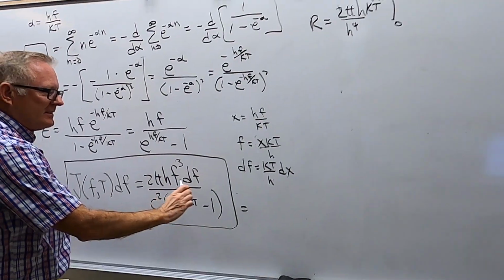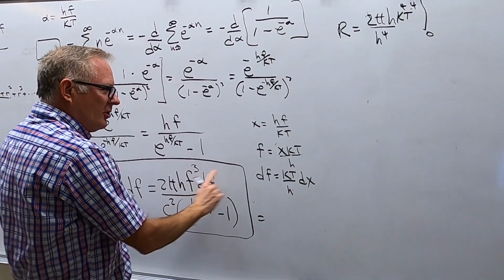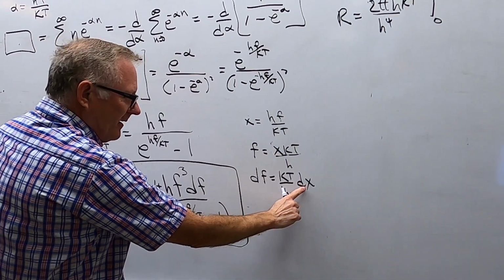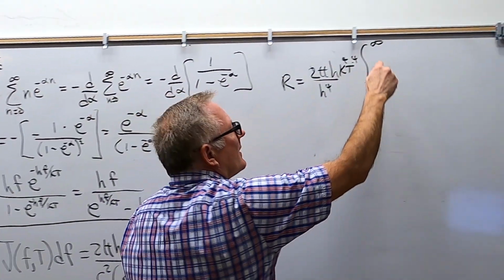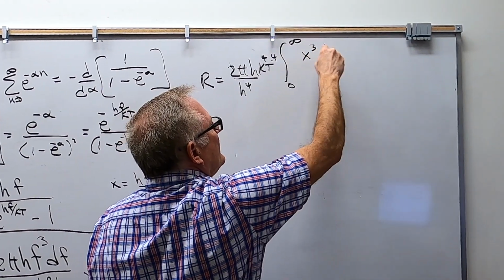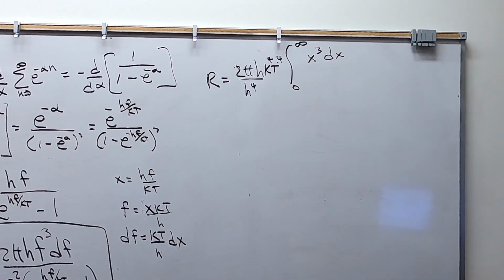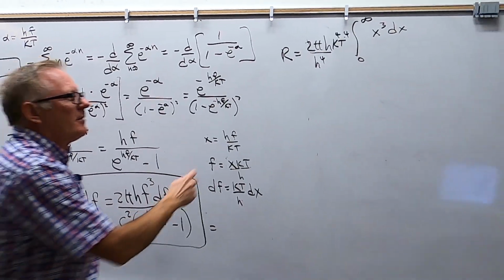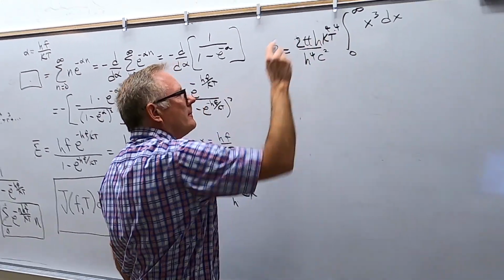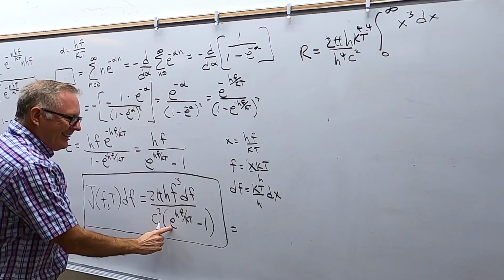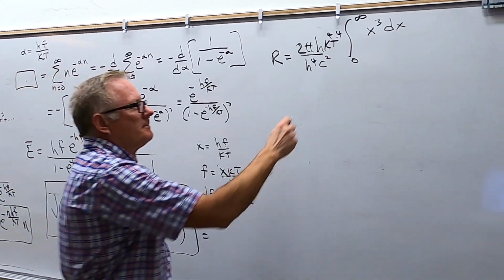What's left inside? We still have the x cubed dx. And out here we've got the c squared, can be brought out in front. We've got an e to the x minus 1.